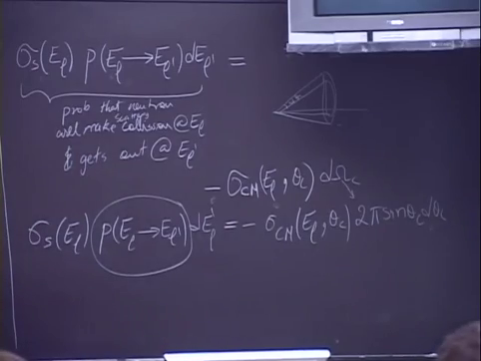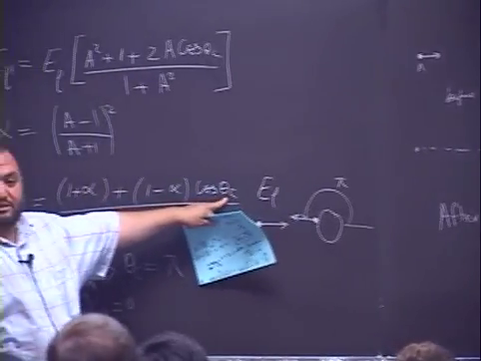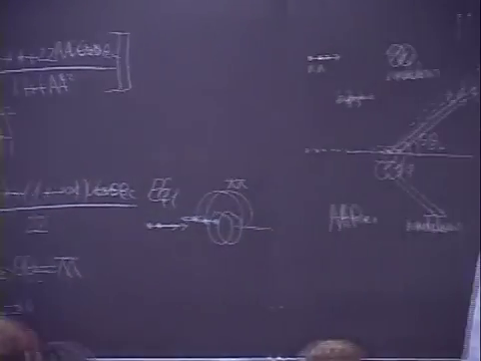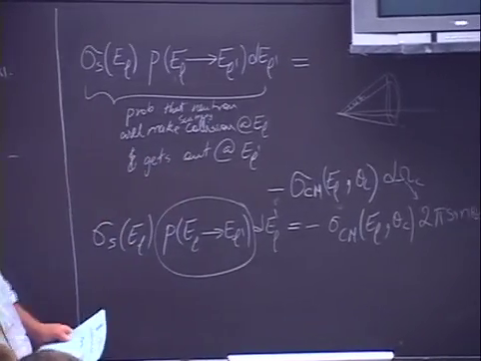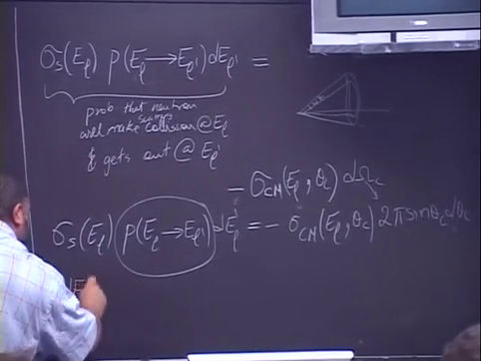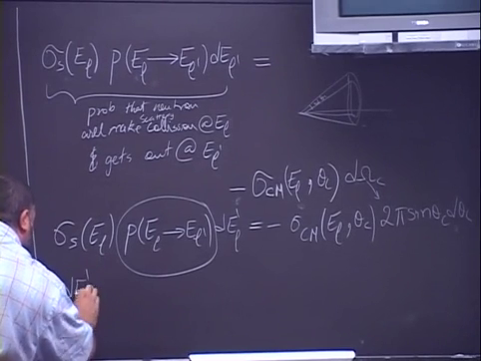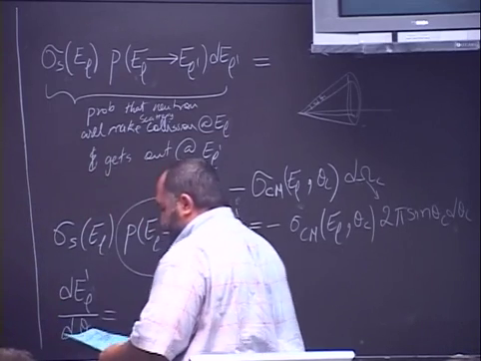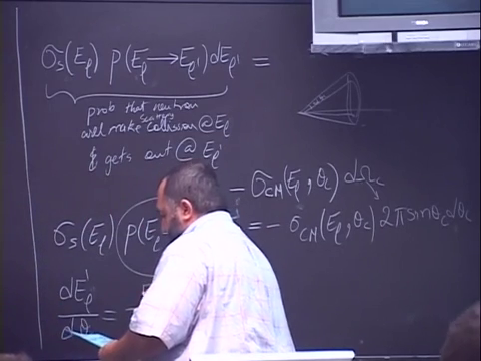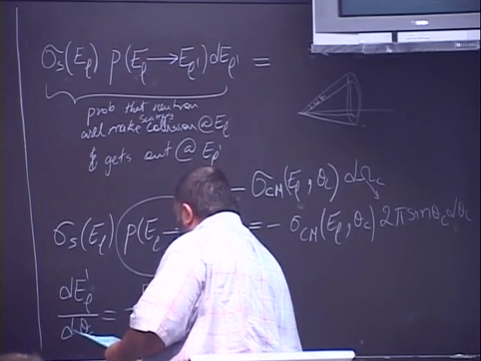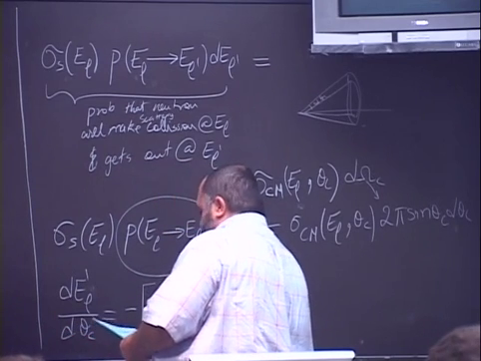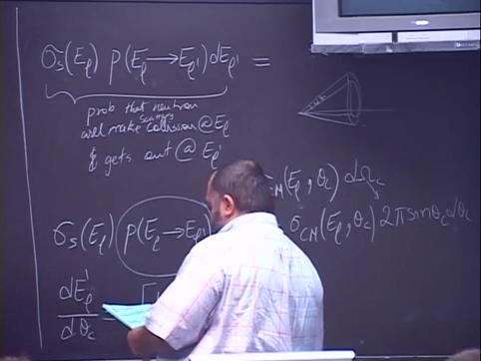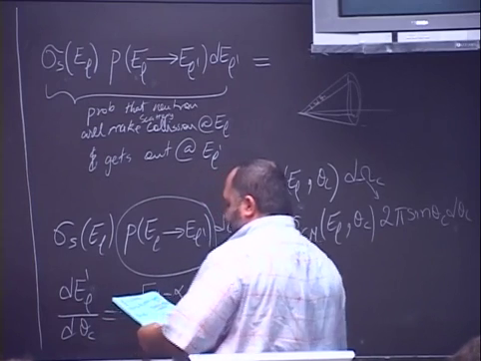This is EL prime, and this is theta C. So if you differentiate this one, you will get delta EL prime divided by delta theta C equal to minus 1 minus alpha divided by 2 multiplied by sine theta C multiplied by EL.